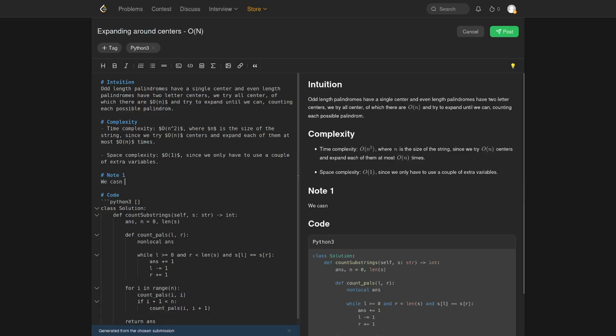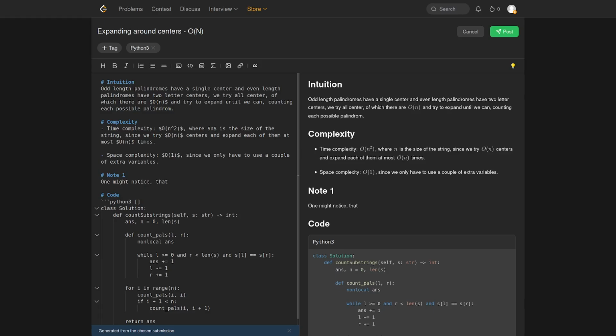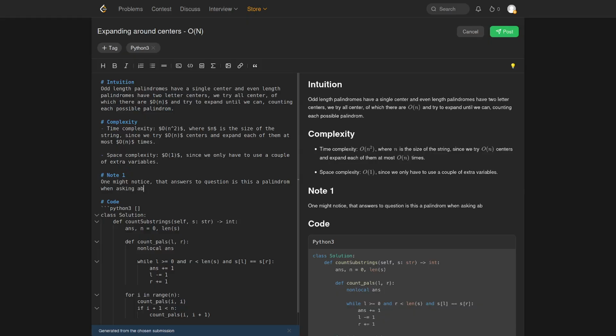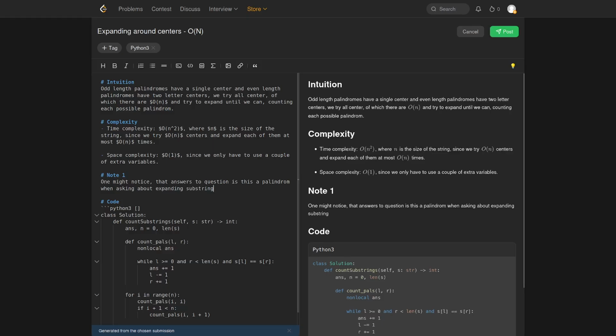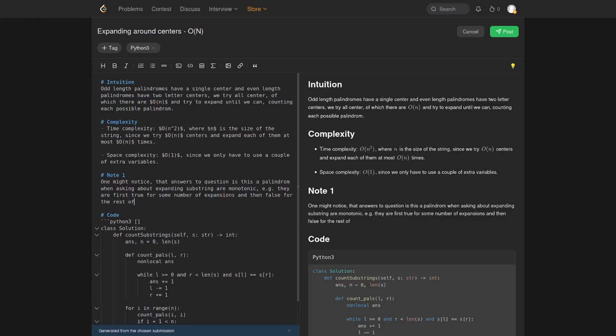Note 1: one might notice that answers to the question, is this a palindrome, when asking about an expanding substring, are monotonic, i.e. they are first true for some number of expansions and then false for the rest of them.